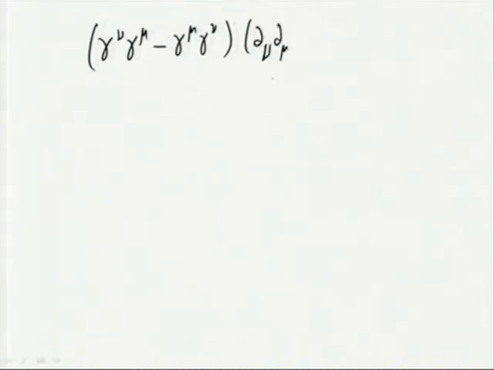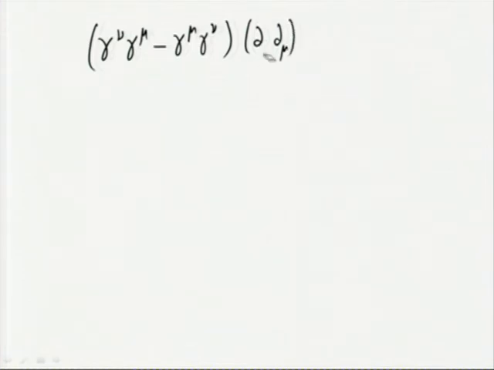So, let us look at that antisymmetric part, γ^ν γ^μ minus γ^μ γ^ν, with ∂_ν ∂_μ acting on this.